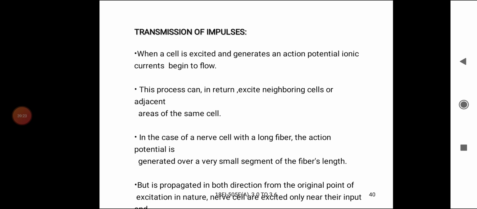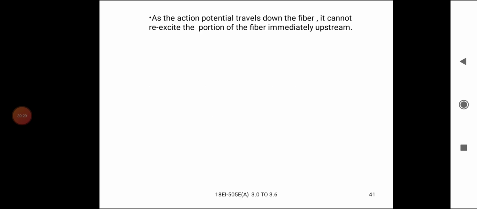Nerve cells are excited only near their input. As the action potential travels down the fiber, it cannot re-excite the portion of the fiber immediately upstream because of the refractory period that follows the action potential.